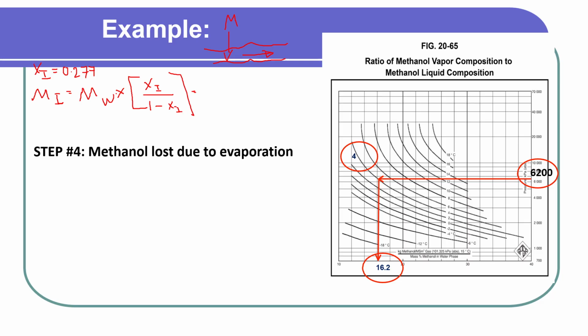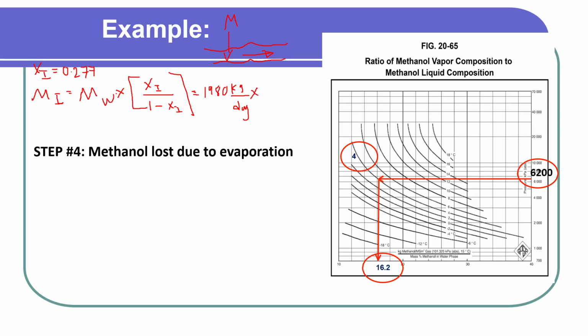And we know that the mass flow rate of the water on a daily basis is 1980 kilograms of water per day. So we calculated that this is the total amount of water that will be removed on a daily basis.